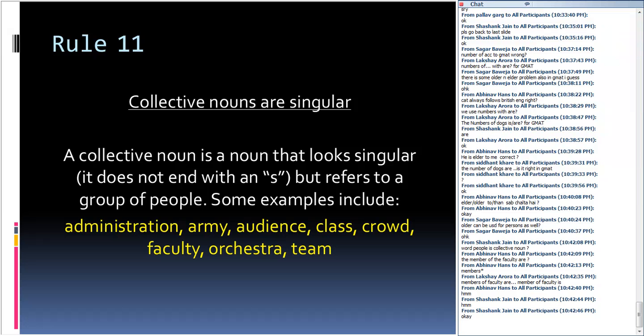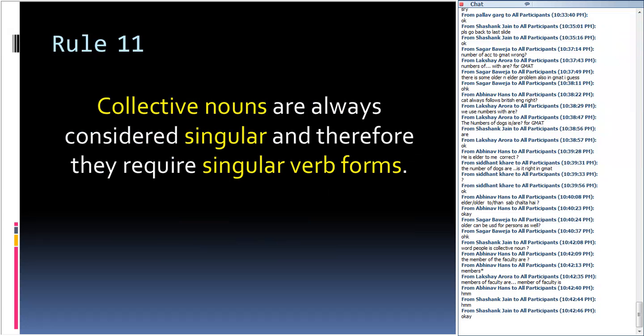I'll show you. So if this comes in the examination, you will have to look very carefully. Collective nouns are always considered singular and therefore they will require singular verb forms. This is applicable in almost 99% of situations. But let us also look at that 1% situation where it's not applicable.